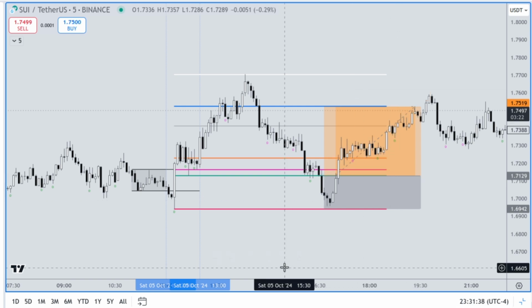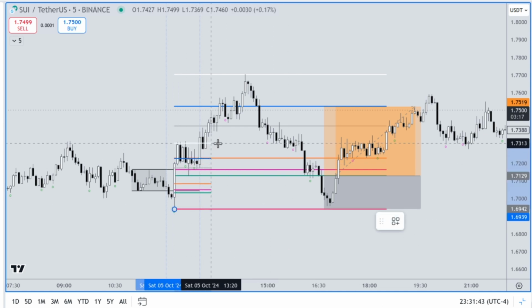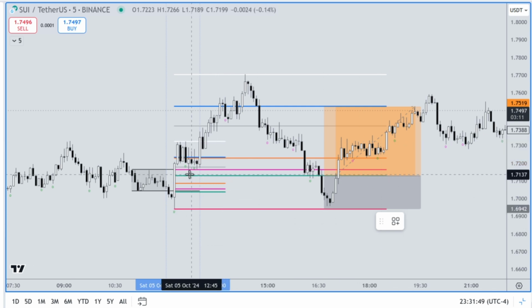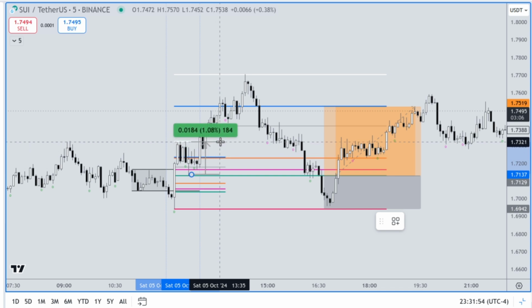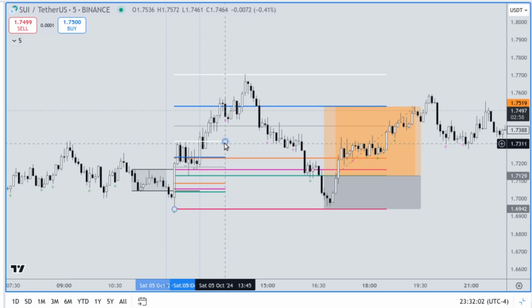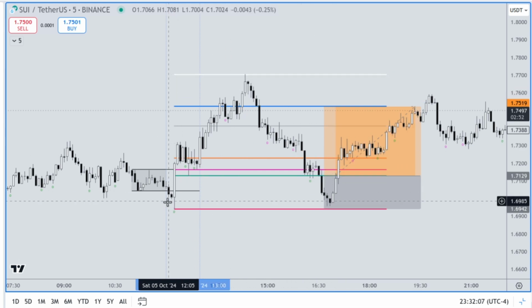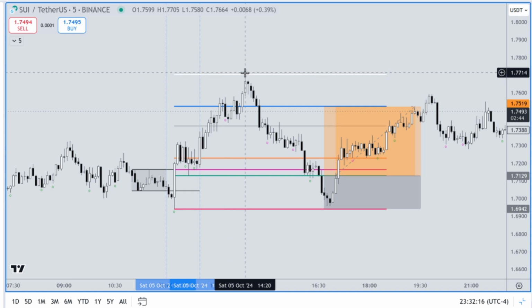It was better than taking the trade right here, because if we had this little range, we would have had only a small percent, and it didn't even touch the golden level right here. So the retracement went deeper after this outside bar, this outside range expanded to its fullest, right here.